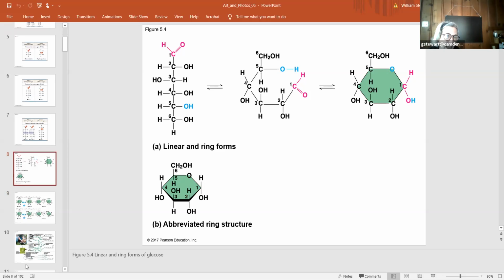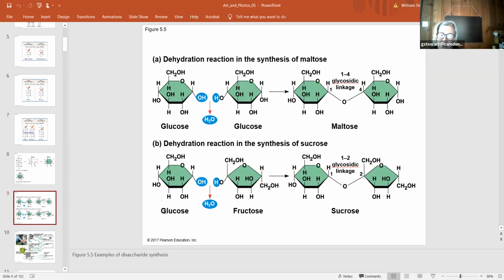So let's take a look at some polymers of carbohydrates. These are 2 examples. They occur via a dehydration synthesis reaction. The 2 polymers we have here are called maltose and sucrose. Most of the carbohydrates, the monosaccharides and disaccharides, end in OSE.